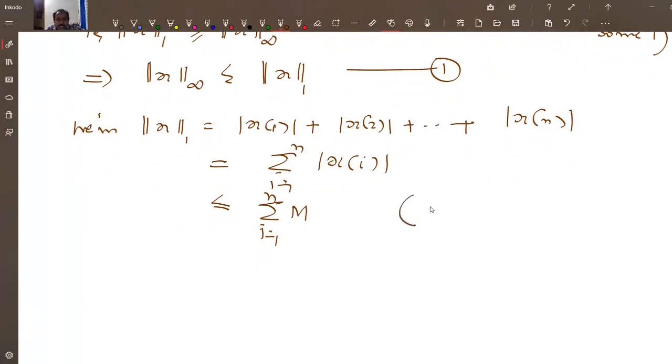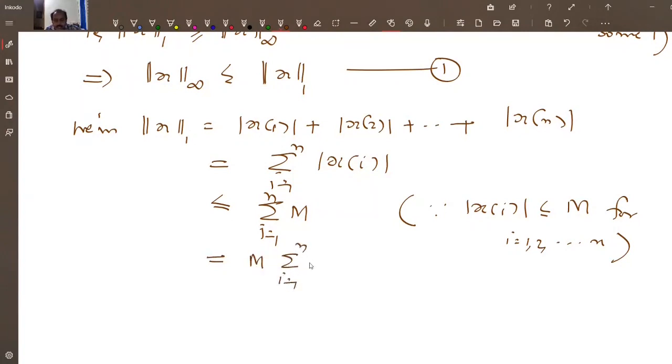This is because modulus of x of i is less than or equal to m for i equal to 1, 2, etc., n. So this is equal to m times sigma i equal to 1 to n 1.